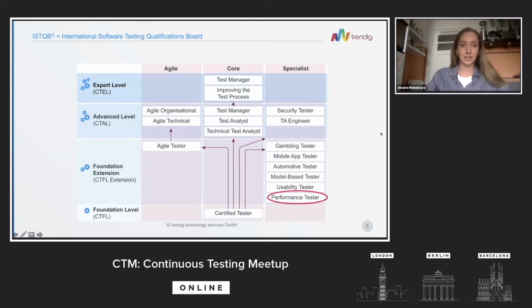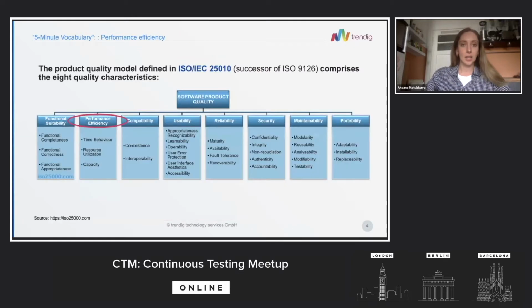But let's start. If you speak about performance and performance efficiency, we always need to know that it is one of 8 quality characteristics defined in ISO 25010.